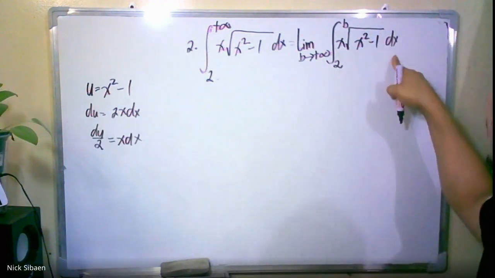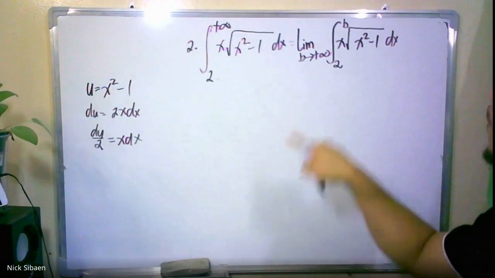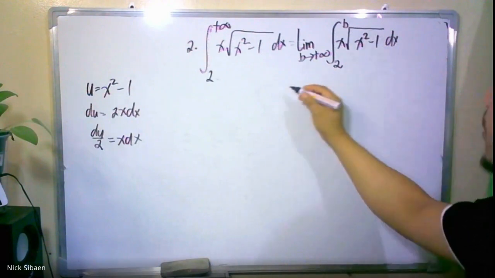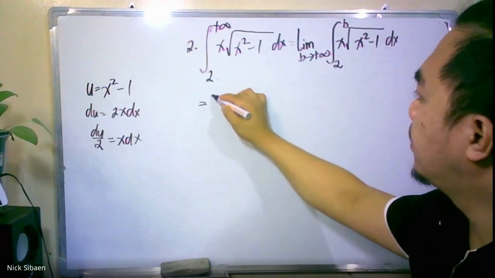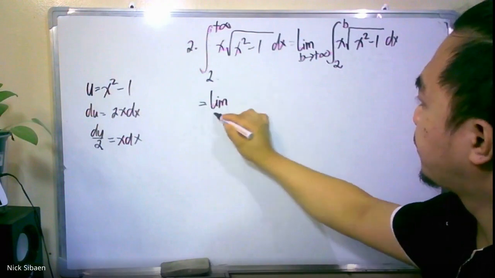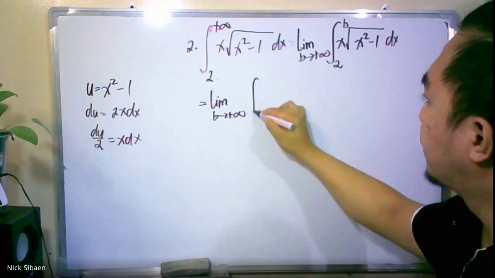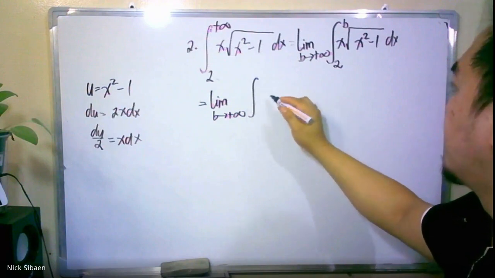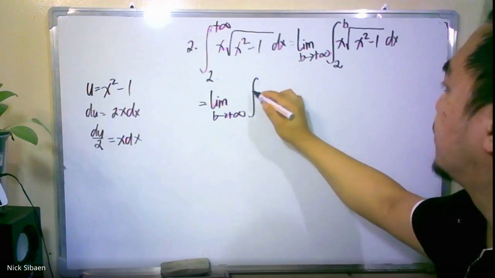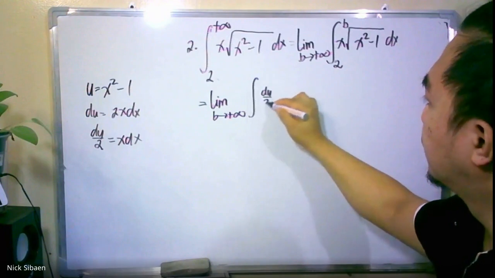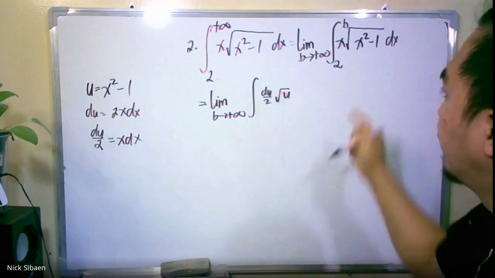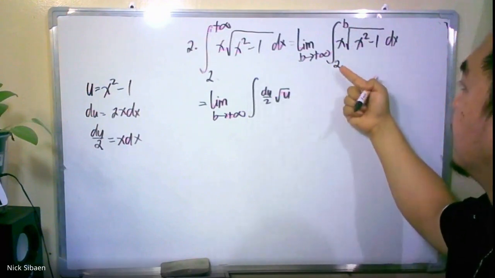So yung x dx palitan natin ng du over 2, tapos yung ito magiging square root of u. Dito natin isulat. So this becomes du over 2 square root of u.